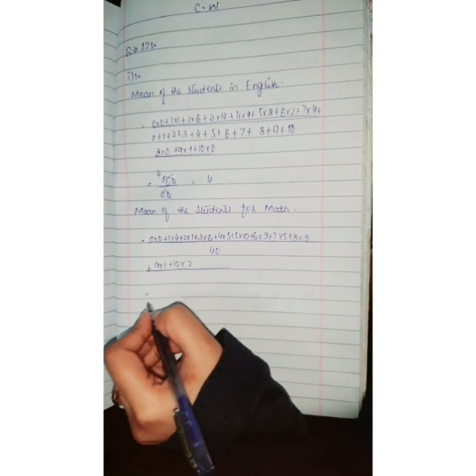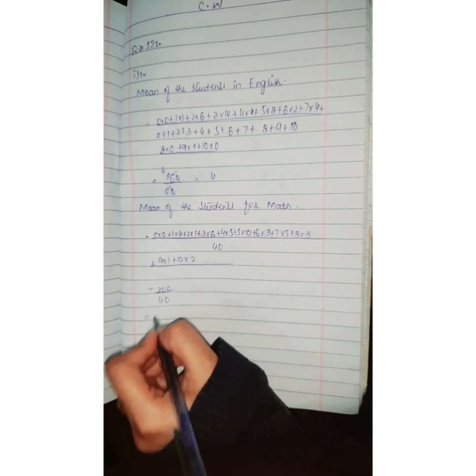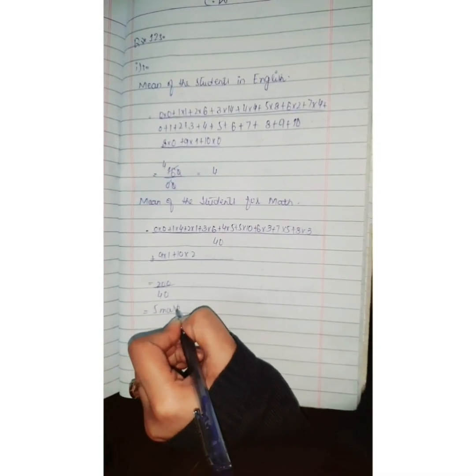When we add the sum of the students' marks, we will get 200 divided by 40. By cutting, we will get the mean of the marks of the students in mathematics, which is equal to 5 marks.